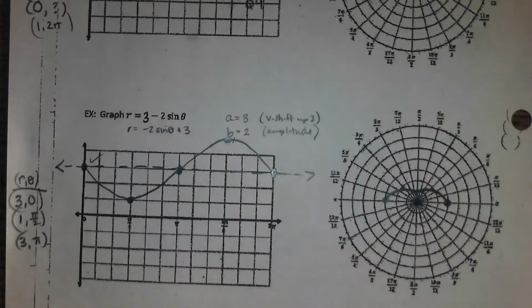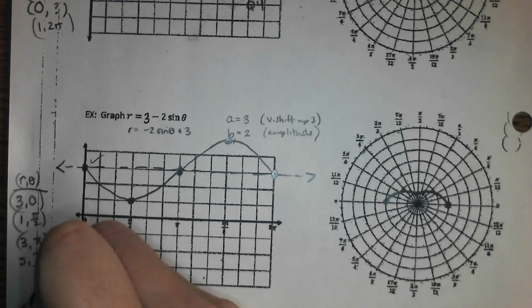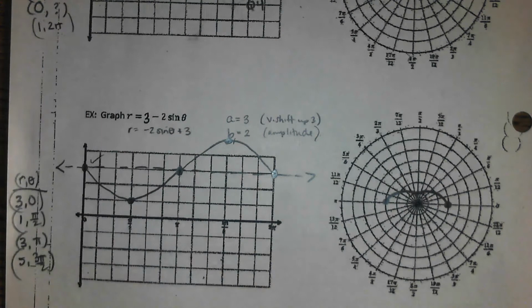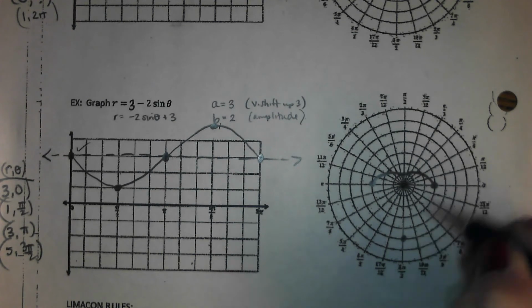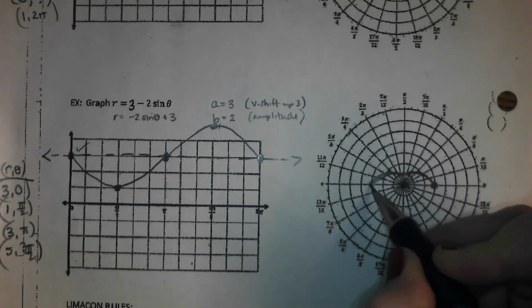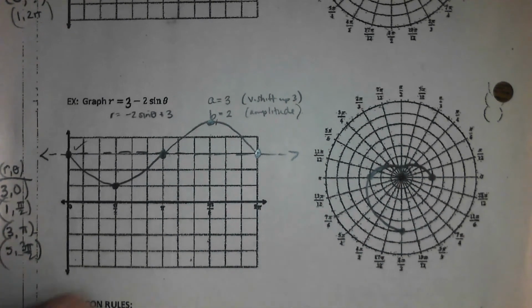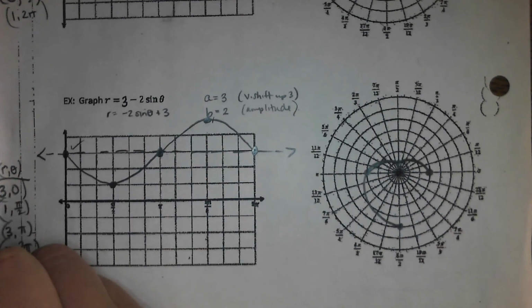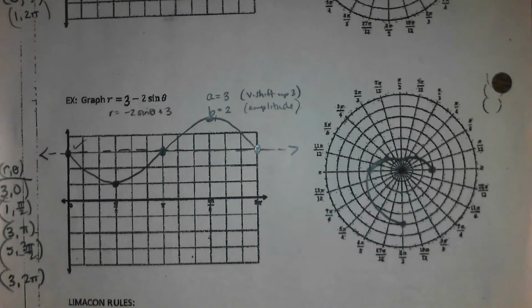And then we have radius of 5 and theta of 3 pi over 2. And then back to the beginning, which is 3 as your radius and 2 pi.